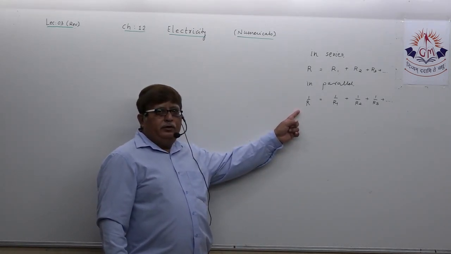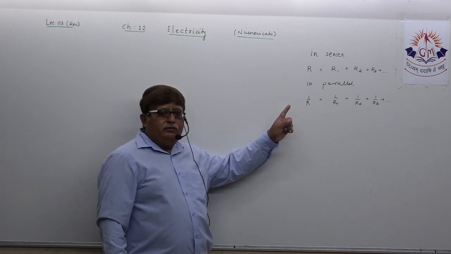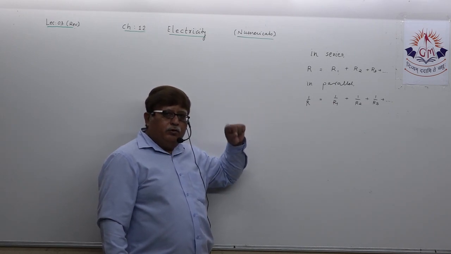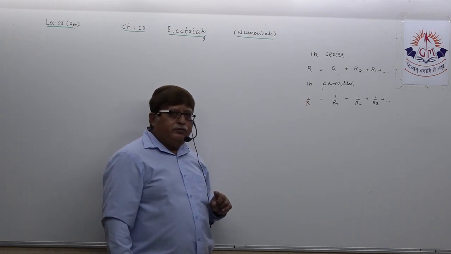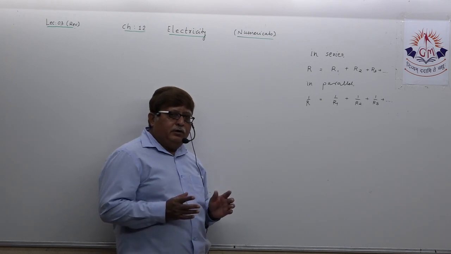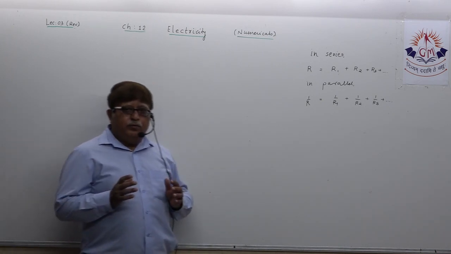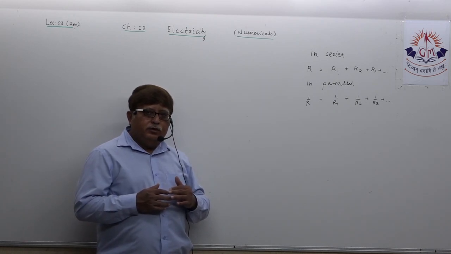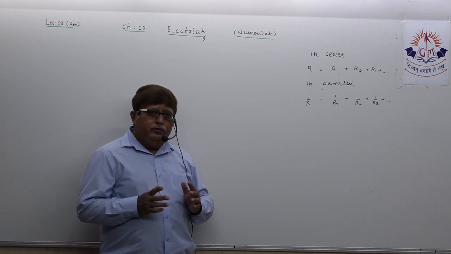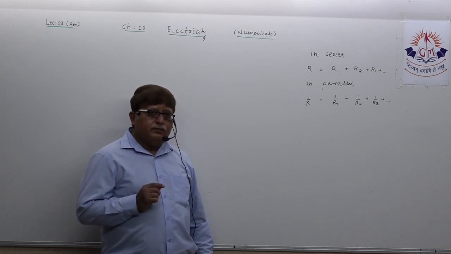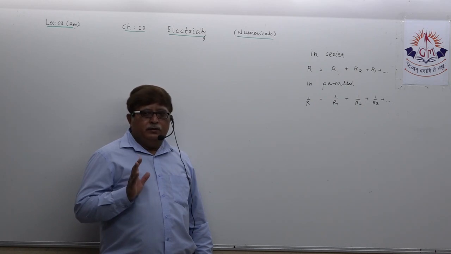The value of total resistance is smaller than the value of each resistor connected in parallel. These are some of the properties of series and parallel connection you need to keep in mind.